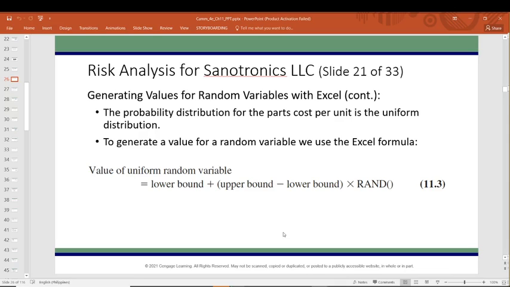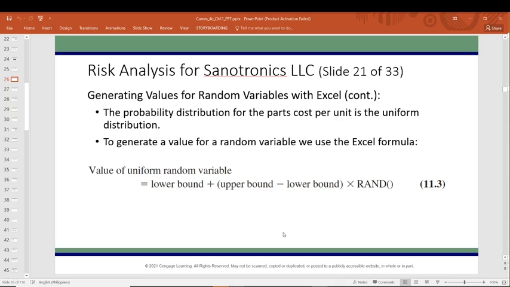The probability distribution of the parts cost per unit is the uniform distribution that is shown in 11.3. Because this random variable has a different probability distribution than direct labor cost, we use random numbers in a slightly different way to generate simulated values for parts cost.